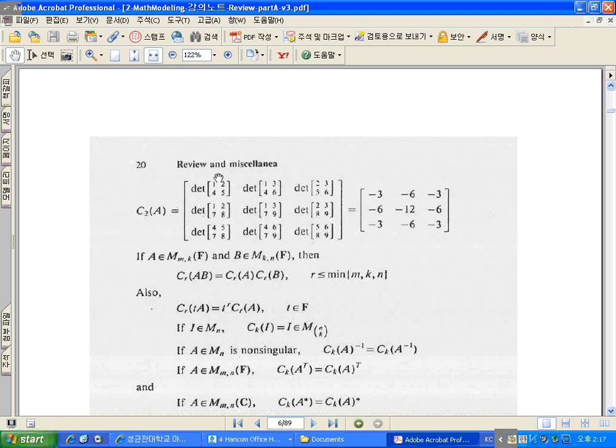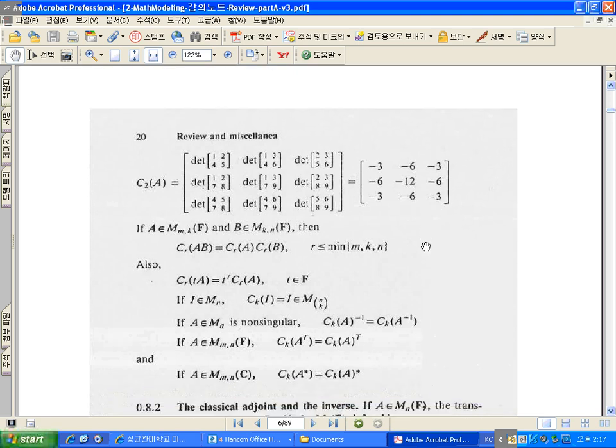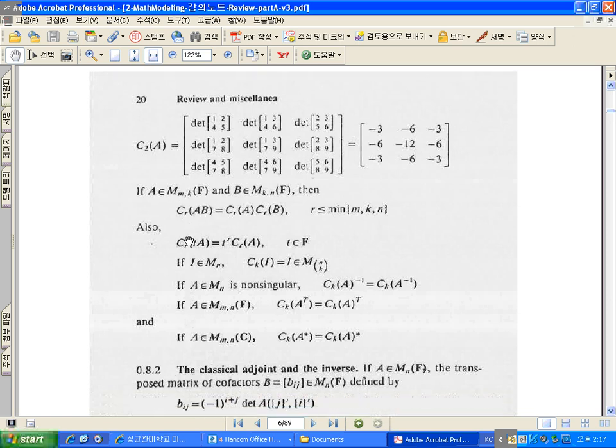And here, the first and second columns, the first and third columns, and the second and third columns from the given matrix A. So C2 of A looks like this.